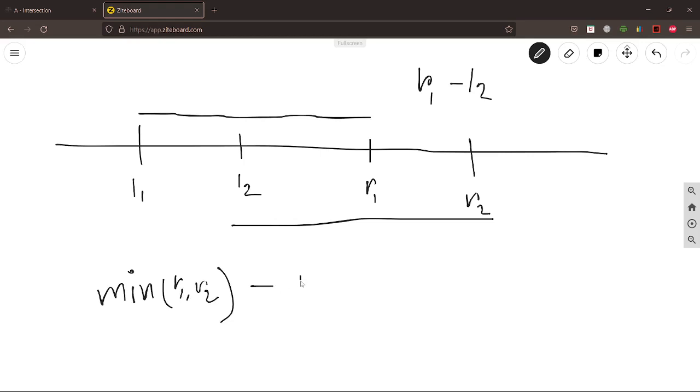L2 is the maximum of the starting points of the two ranges, that is L1 and L2. So in this case this portion would be painted both in red and blue.